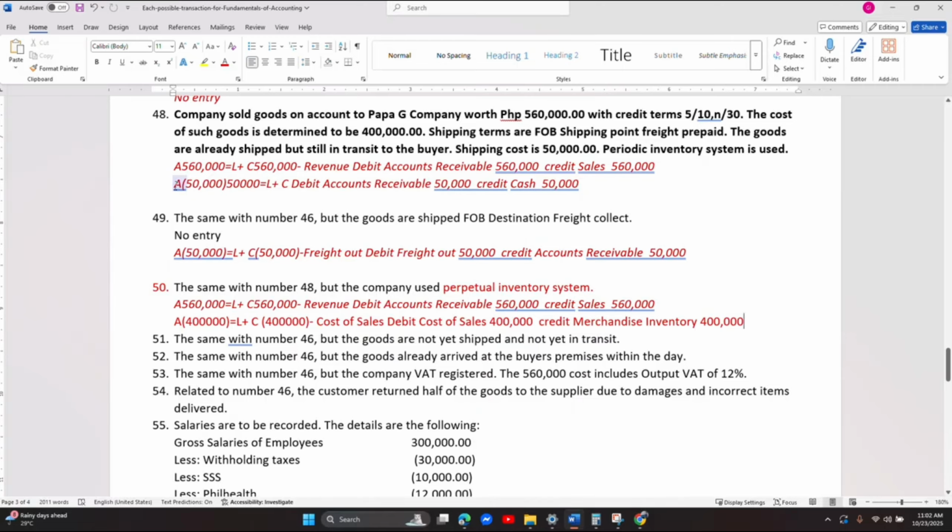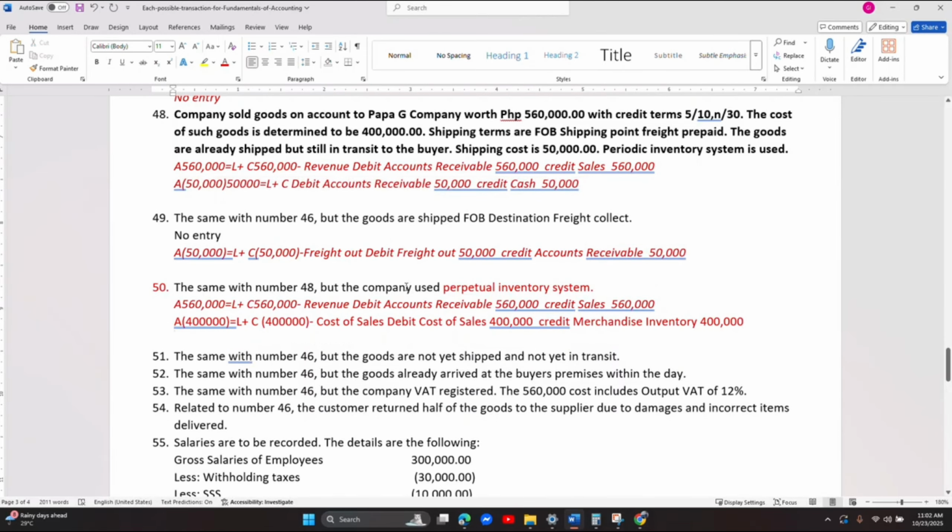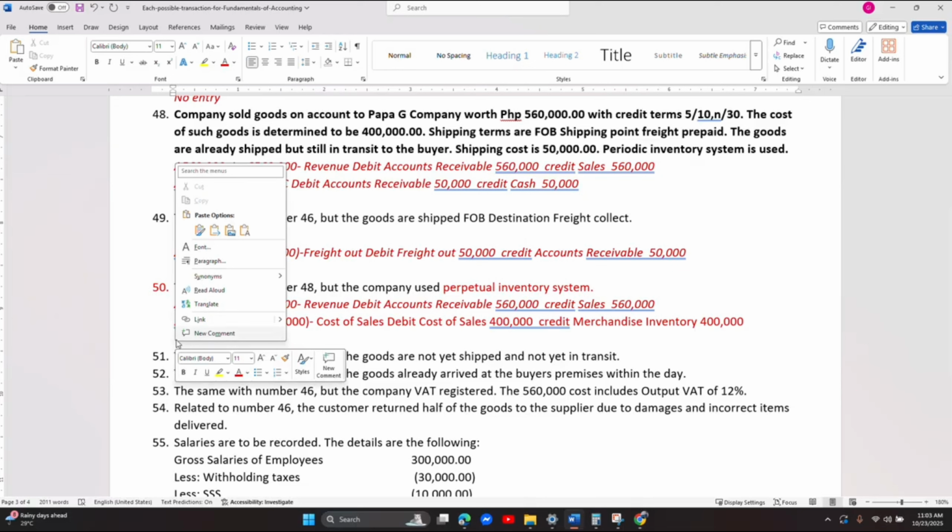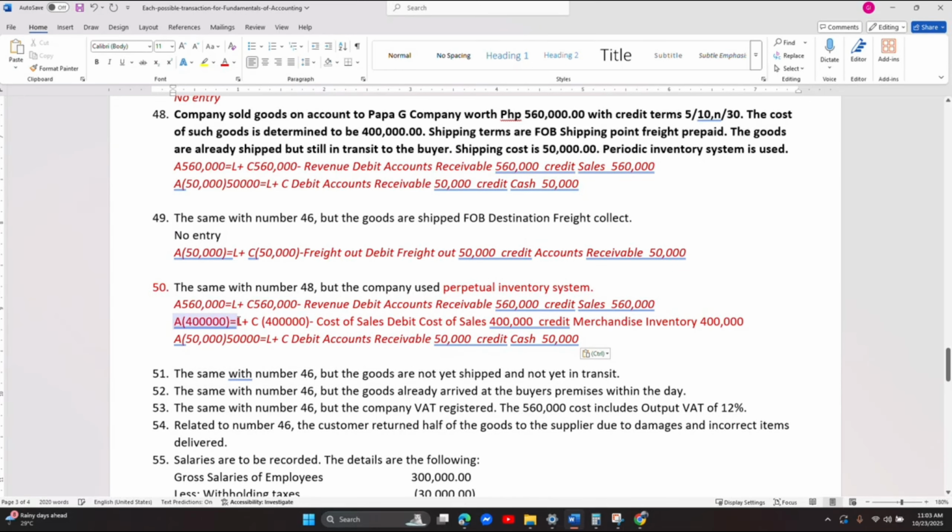It's because if we talk about number 48 and the freight, it will just be the same here. Again, since number 48 is freight prepaid, that means you have paid for the freight, there is a deduction on the asset, specifically cash.